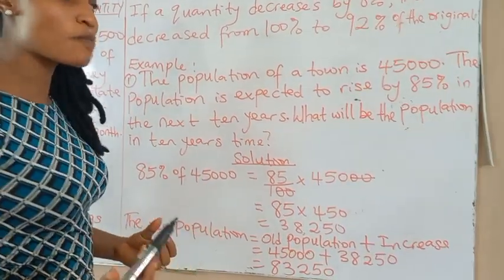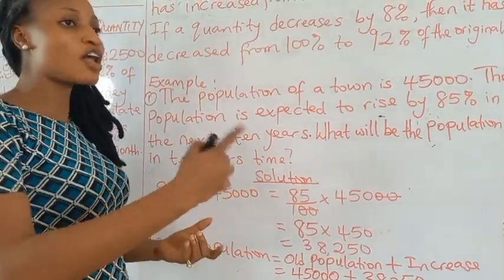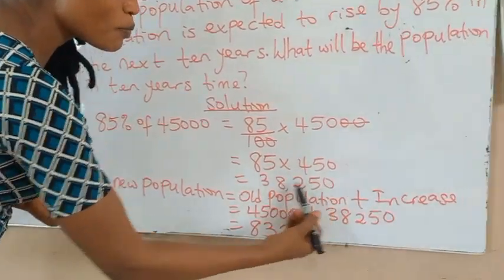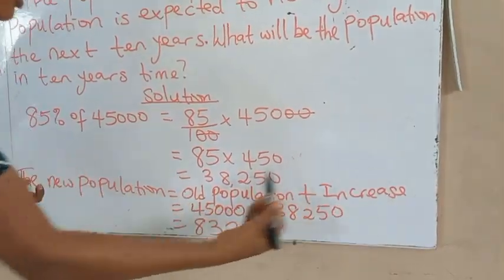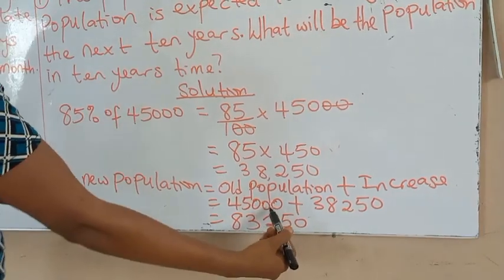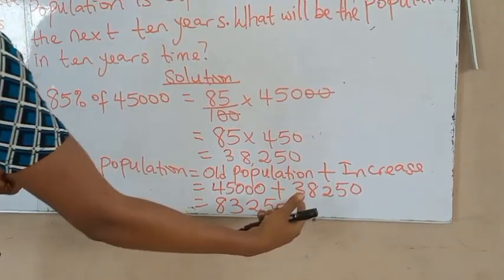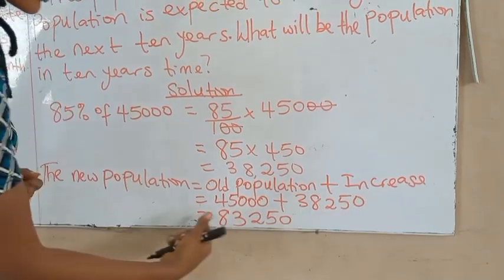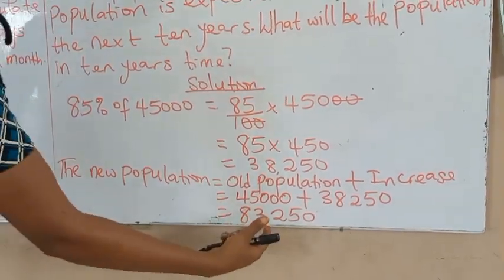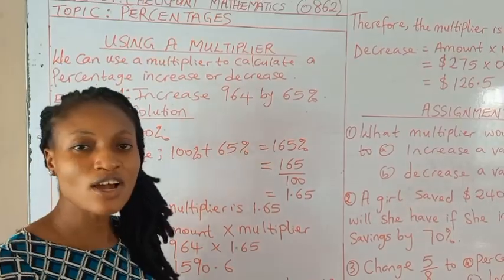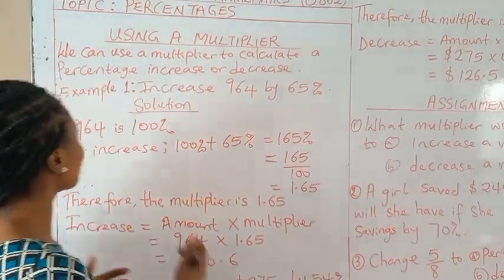So to get the total population, add the current population plus the 85% increase. So the new population is old population plus the increase. Then this is the old population, 45,000, plus the increase that we got, which is 85% of it, 38,250. Addition of these two gives 83,250.